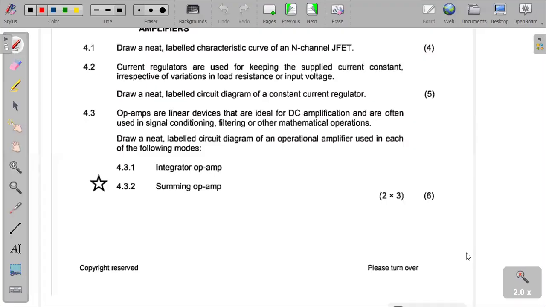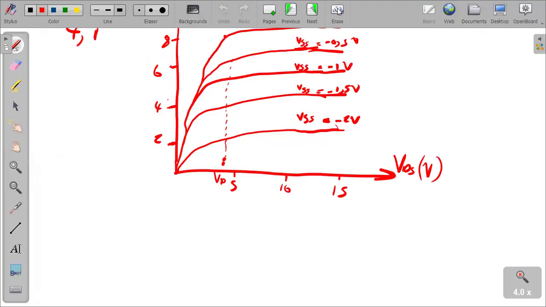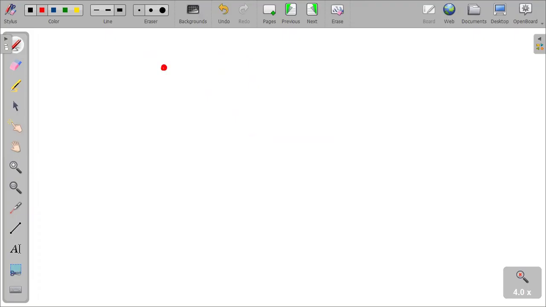So here I will indicate my RE. Then, okay, there is my transistor there.